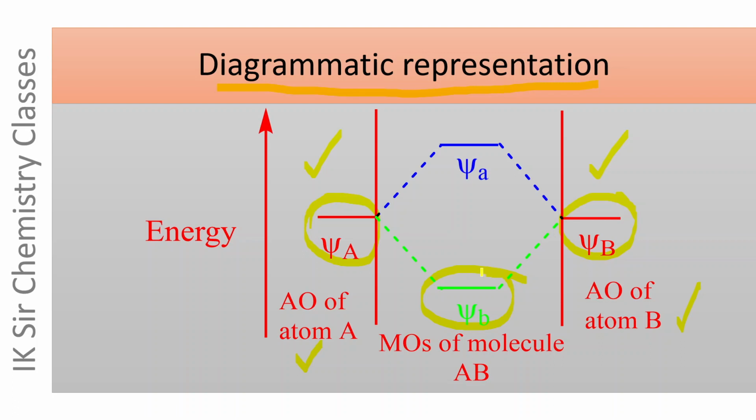It has lower energy than both the atomic orbitals and hence it is bonding molecular orbital, while the other molecular orbital psi a has higher energy than both the atomic orbitals and hence it is anti-bonding molecular orbital. Psi b and psi a are molecular orbitals of molecule AB.